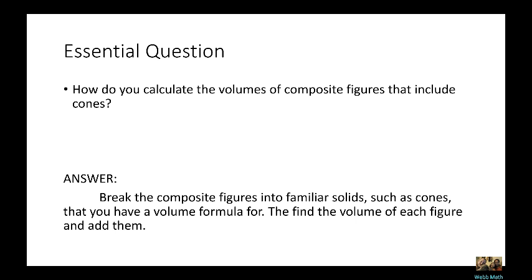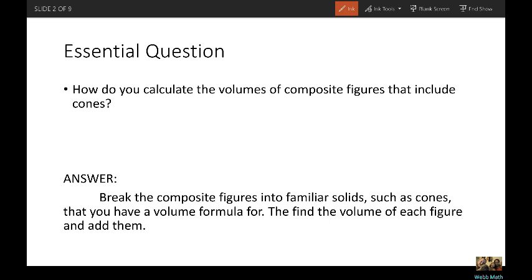Okay, so if you were to think about previous content, if you had, let's say, a cube, and then on top of the cube they placed, let's say, a cylinder.